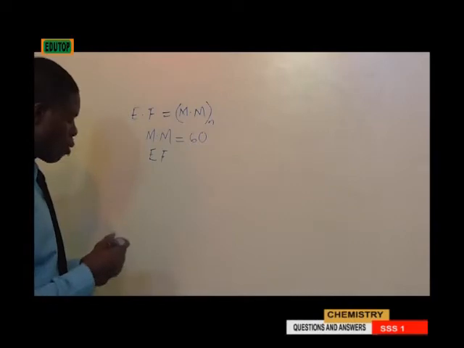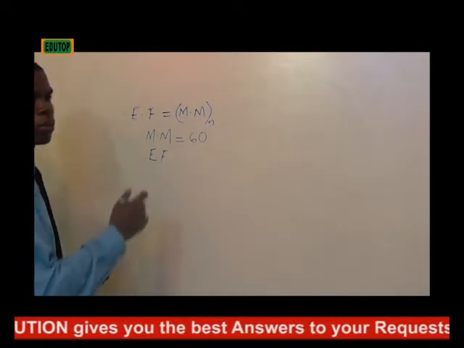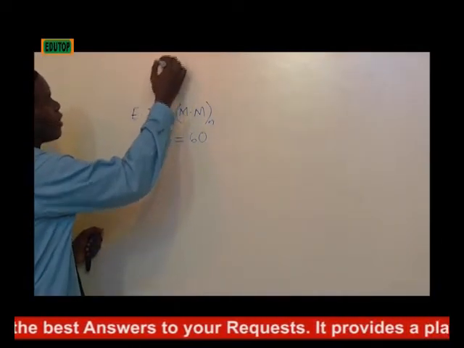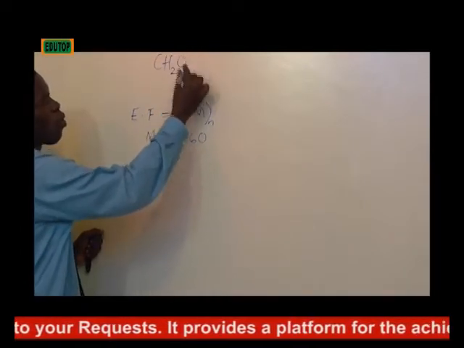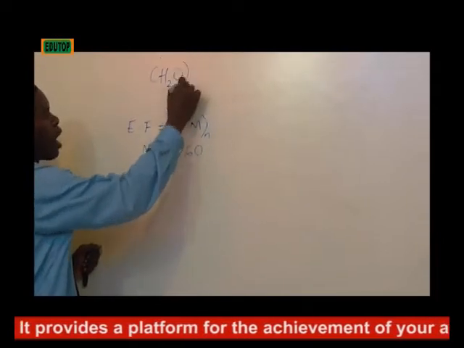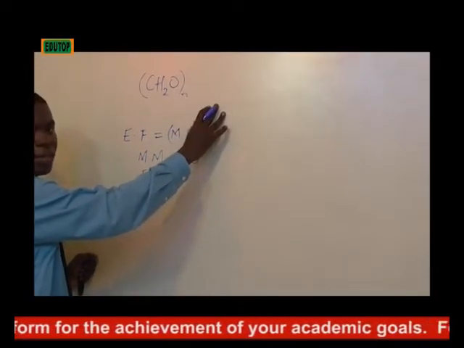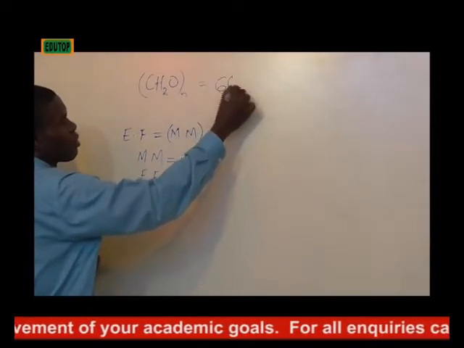Now, to go by the calculation, the empirical formula is CH2O, affected by N, makes it molecular mass, which is equivalent to 60.